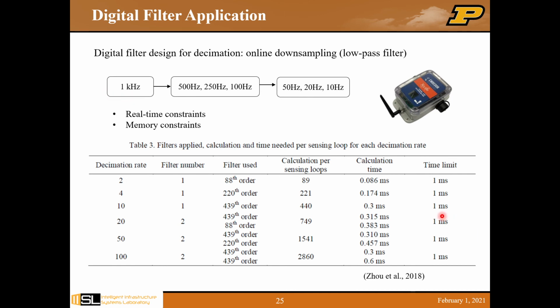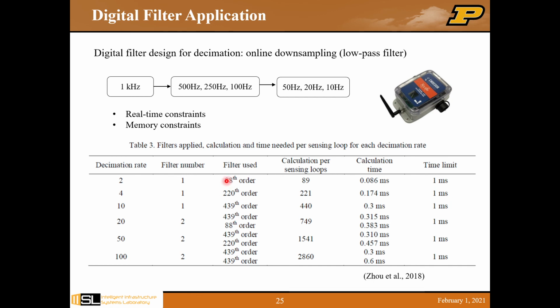Okay, the interesting thing is that if we go to a decimation rate of 100, the filter order will be extremely large, could be 1,000 order. So the way to implement that, instead of using a single filter, is to implement two consecutive filters.